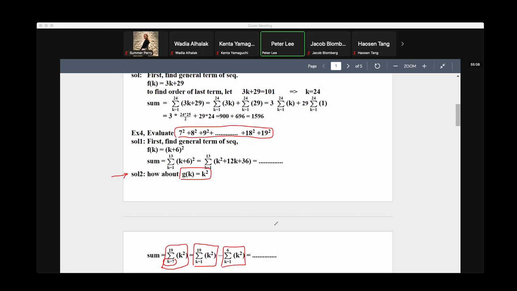You use the basic sigma formula, and so we get a number here, a number there, and if you take the difference, then you can get the answer that way. So this is another method. Solution 1 is the standard method. Solution 2 is not so standard, but sometimes you do have an easier, simpler solution. So if you find the simpler solution, then that's good.